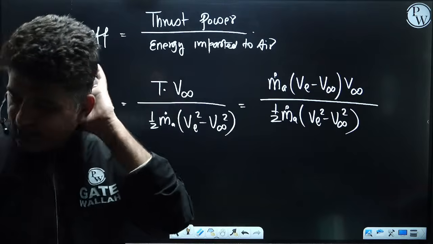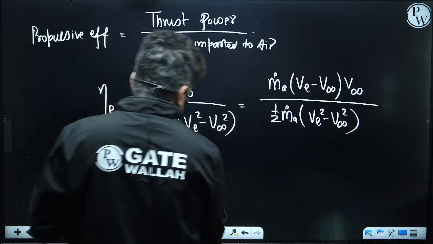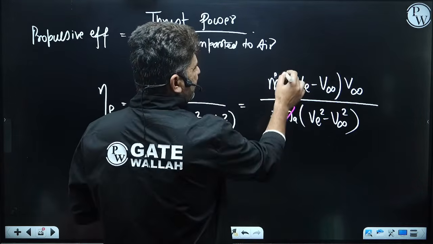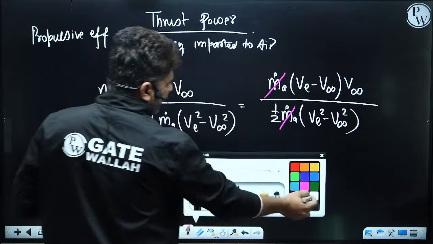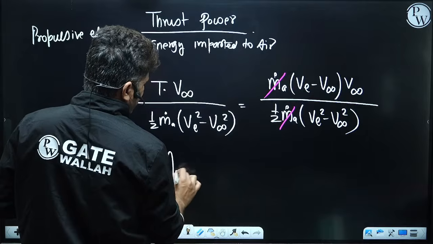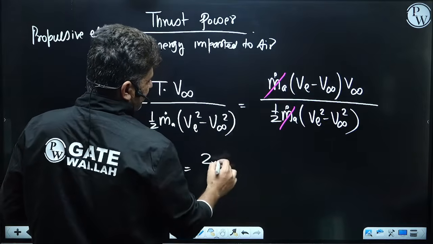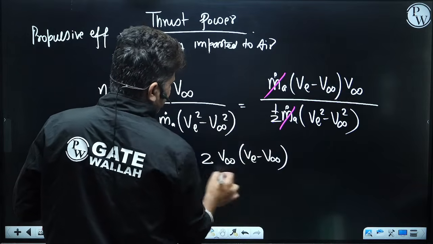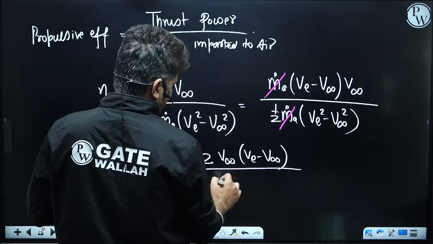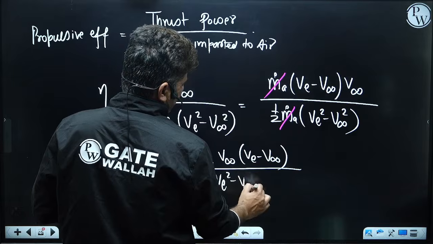Okay, now you can simplify this. Mass flow rate will cancel, this 2 will go up. So propulsive efficiency can be written as 2 multiplied by V infinity multiplied by V exit minus V infinity, divided by V exit square minus V infinity square.